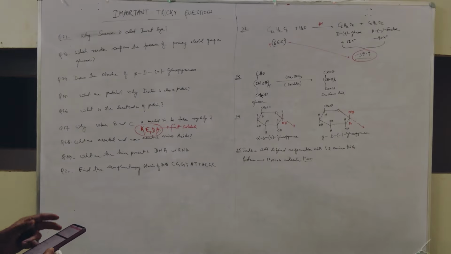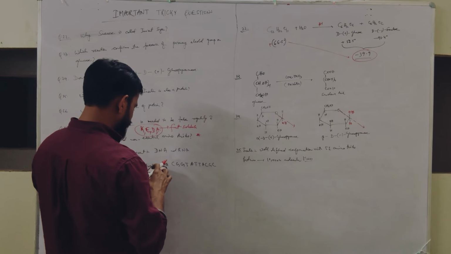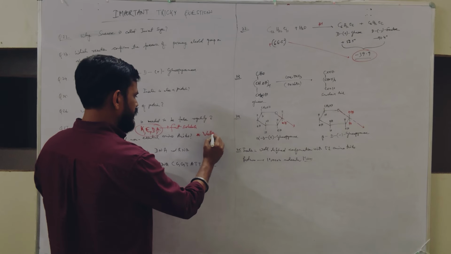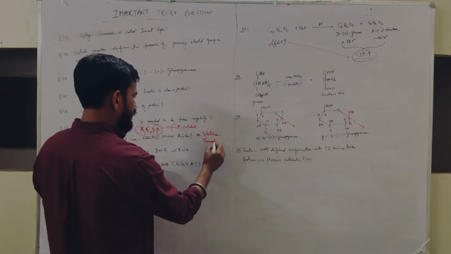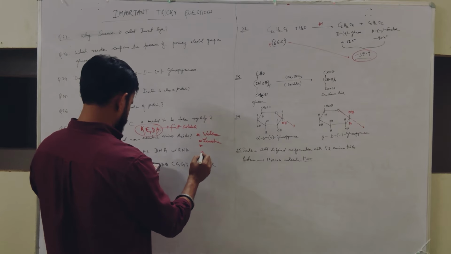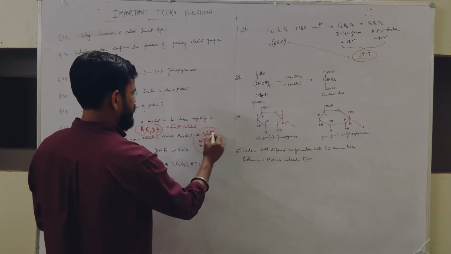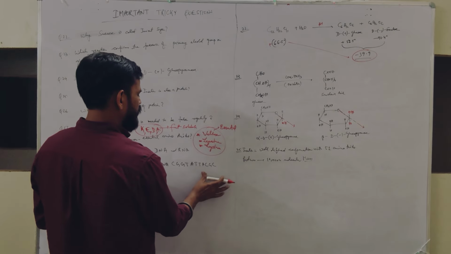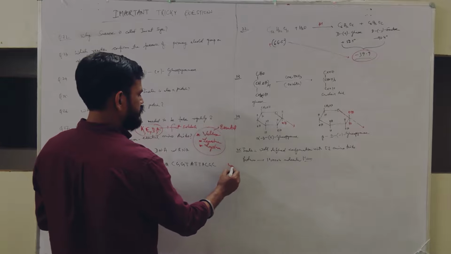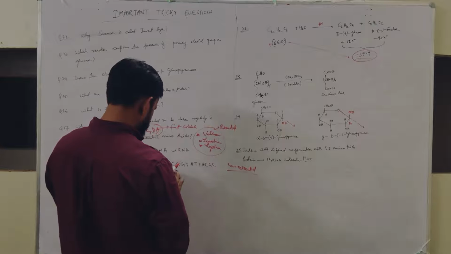I'll mention their names. So essential amino acids are star marked: valine, leucine, and one more, lysine, whereas these are essential. If we talk about non-essential, you have so many.